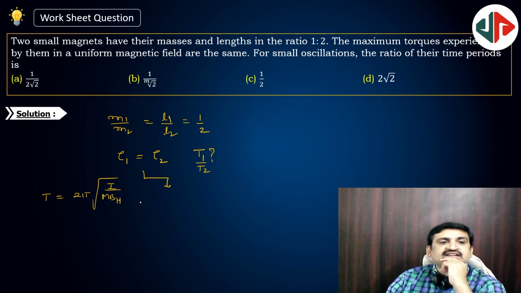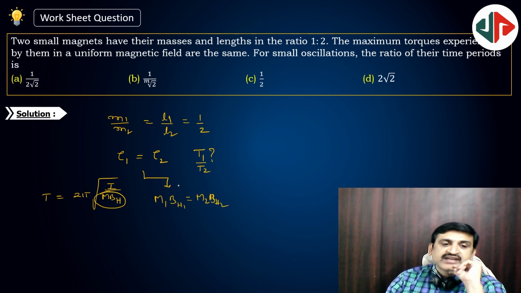Maximum torques in a uniform magnetic field are same, that is M1 BH1 is equal to M2 BH2. That means this factor will be same for both magnets. That is his intention, because maximum torque is MBH only.